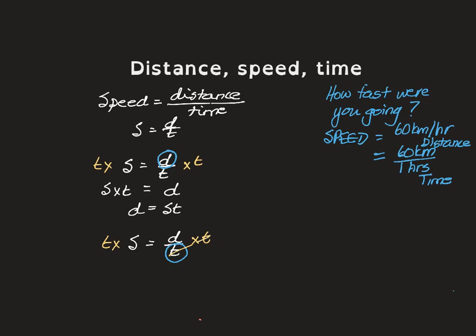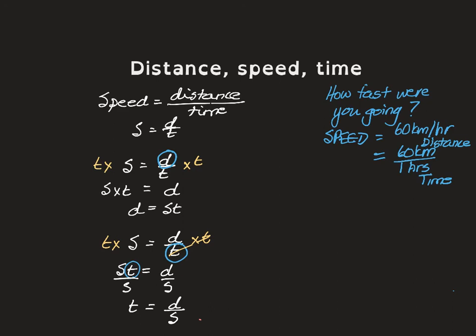These two divide out, and what I'm left with on the left-hand side is speed times time is equal to distance. And now we want time, so we're going to divide by speed. And we get the formula time is equal to distance over speed.